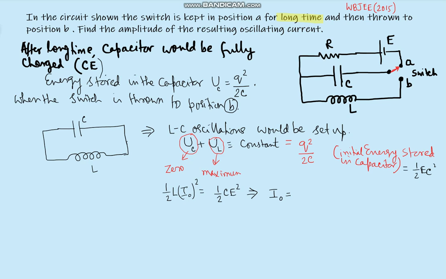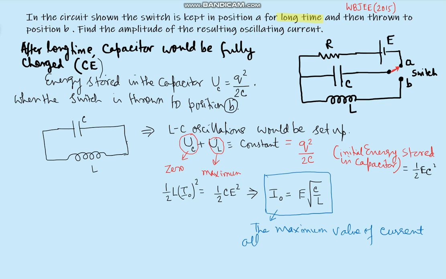Half got cancelled, take the L to the other side, and it becomes I maximum equals E into root over C by L. So this will be the final result: the maximum amplitude, meaning the maximum value of current attained during the LC oscillations. I hope this answers your query.